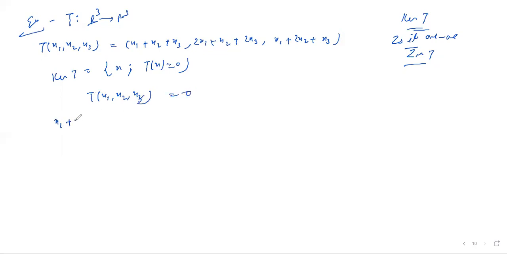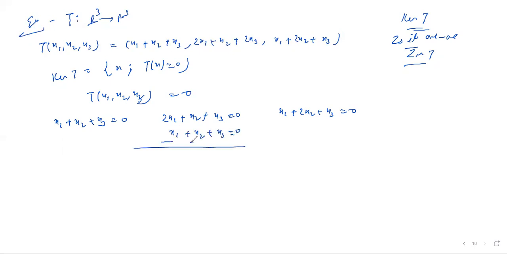So I can write x1 plus x2 plus x3 equals 0, 2x1 plus x2 plus 2x3 equals 0, and similarly x1 plus 2x2 plus x3 equals 0. Now let's simplify these three equations by substituting, and it gives me x1 minus x3 equals 0.